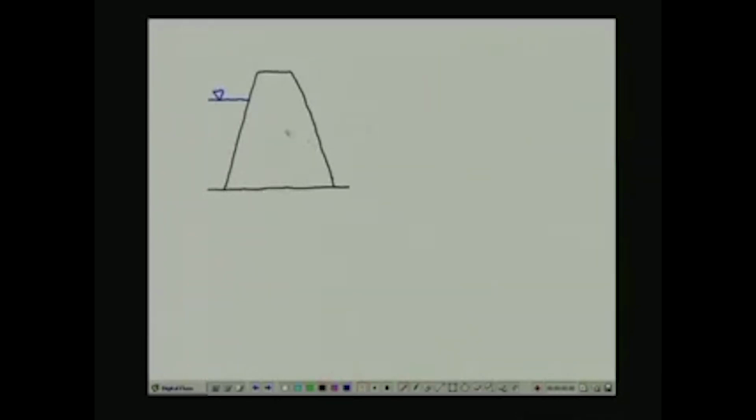So in this case, the load to be transferred is going to be directed in this manner. So this is going to be the resultant.